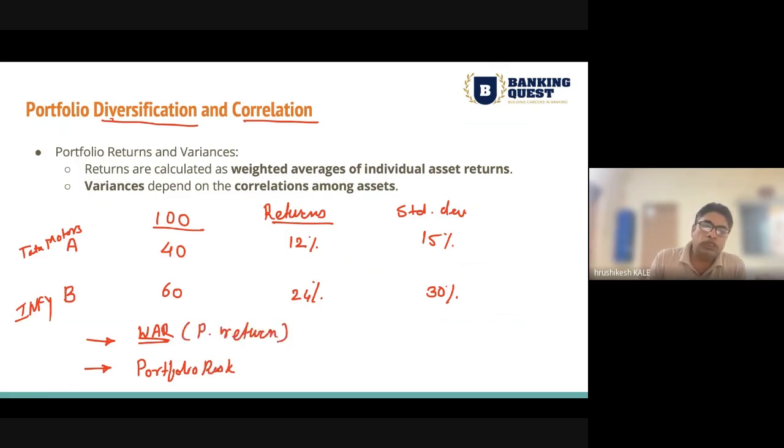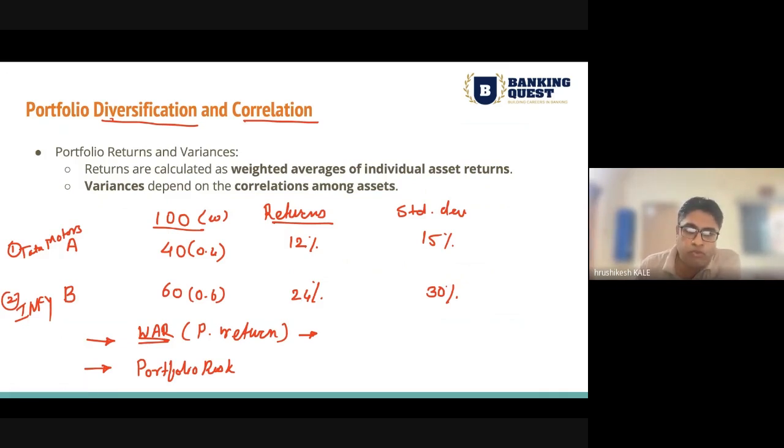You have just two assets in the portfolio. Asset A is 1, B is 2. These are the weights, 0.4 and 0.6. Does anyone know how to calculate the portfolio return and portfolio risk? Because the FRM syllabus does not speak about these basic things, but we should know.